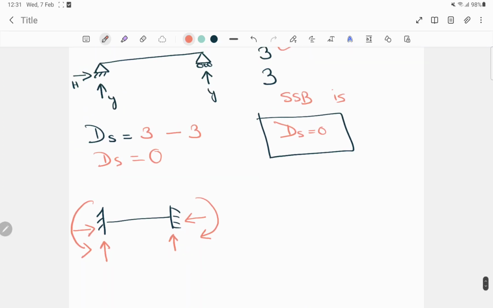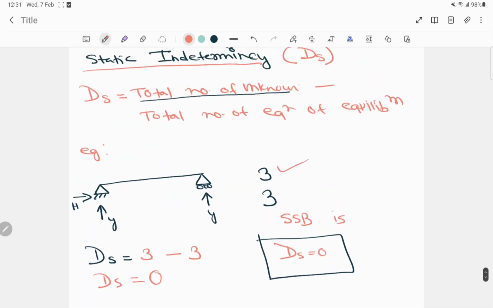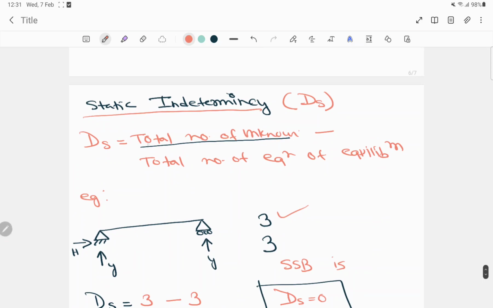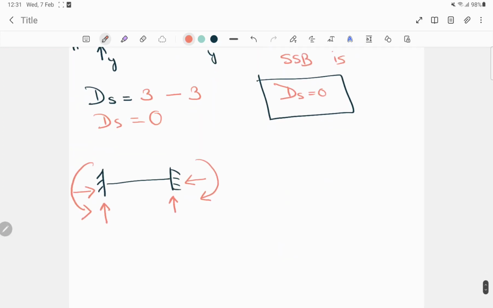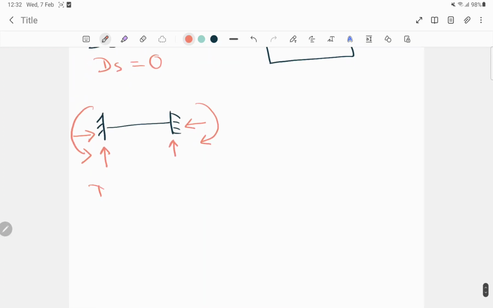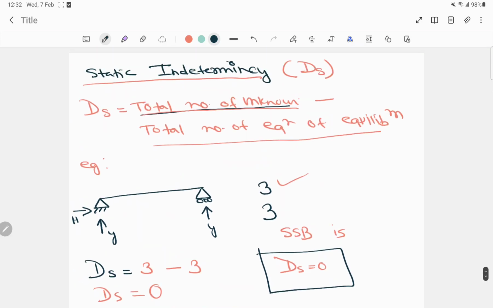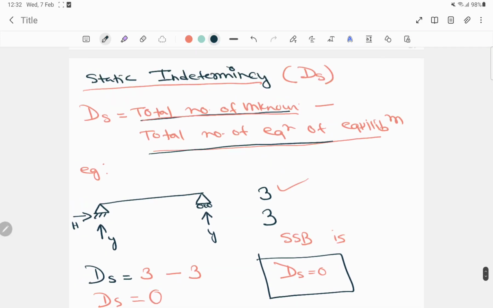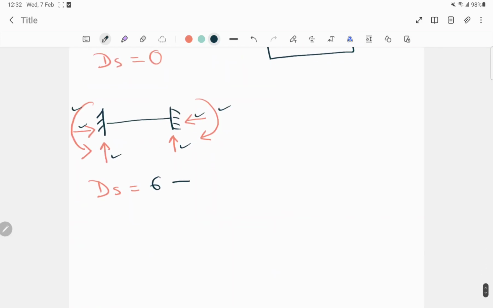So ds is equal to the total number of unknown reactions, 1 2 3, 1 2 3, which is 6, minus the total number of equations of equilibrium, which is 3.